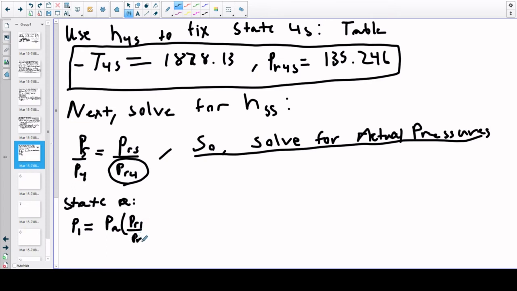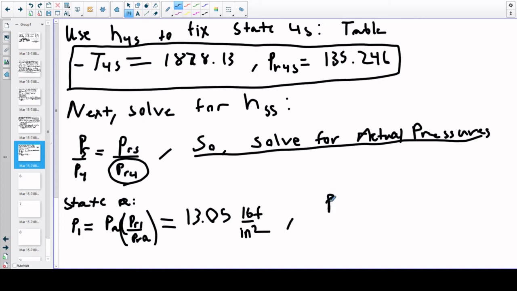So, this is just state A, right? We're trying to find pressure 1. So, you know the relationship, P1 over PA is equal to PR1 over PRA. And so you get P1, because state A is a perfect expansion through the valve.